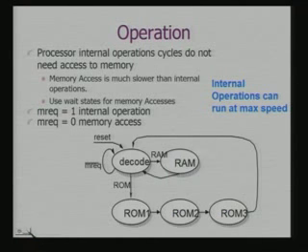But how does the processor operate? Do we really need the processor to wait? Because my processor is actually a pipelined processor, there would be other instructions which can be executed while I am looking for this data from the ROM, because ROM can actually have the instructions, the programs. So, while one instruction is fetched, other instructions are getting executed. Processor internal operation cycles do not need access to memory, and in that case the processor performance is not going to suffer.